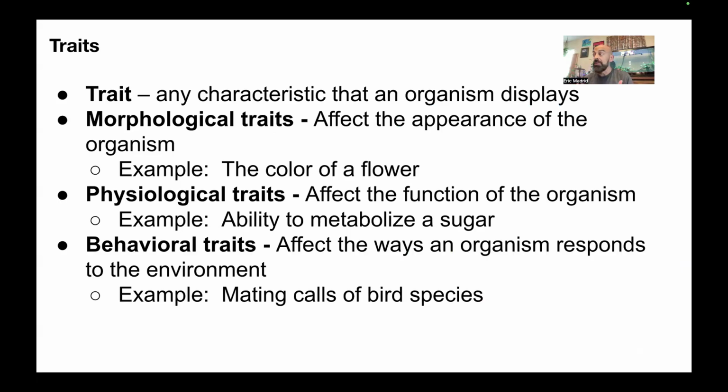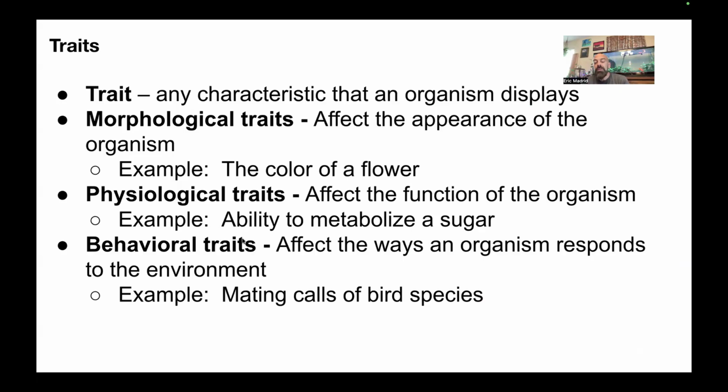Maybe it's something about their metabolism. A real easy one would be your ability to metabolize a particular sugar, let's say lactose. If you're able to metabolize lactose, that means you are lactose tolerant. But if you cannot metabolize lactose, you're lactose intolerant. That is a physiological trait. It doesn't really affect anything about the way that you look.